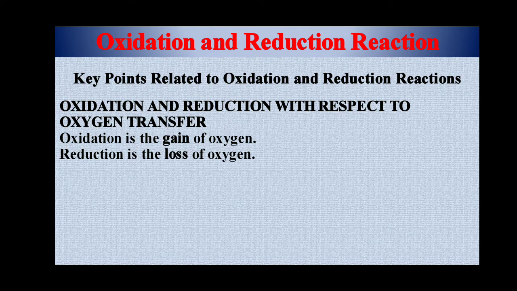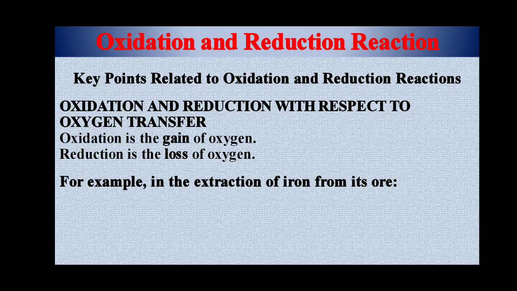Oxidation is the gain of oxygen. It completely depends on our definition that during oxidation oxygen is added, that is gain of oxygen, and during reduction there is removal of oxygen, that is loss of oxygen. So again I repeat, in oxidation there is gain of oxygen and in reduction there is loss of oxygen.